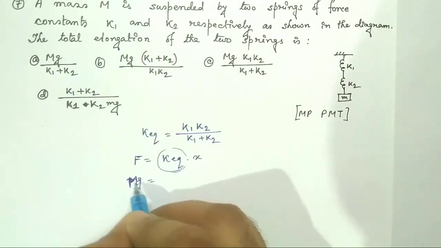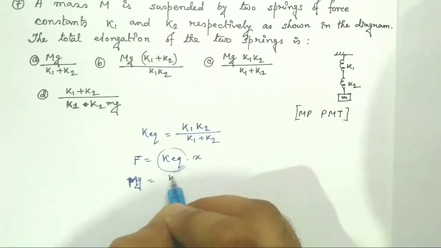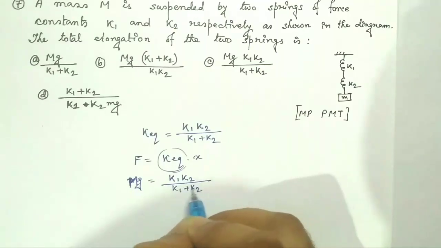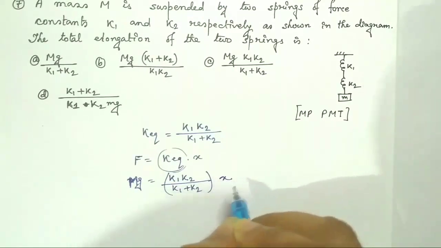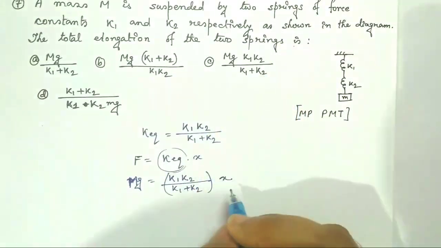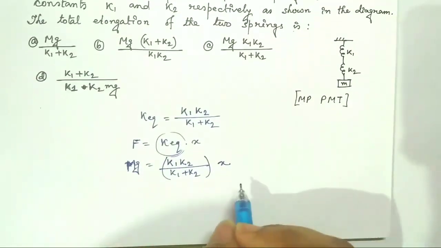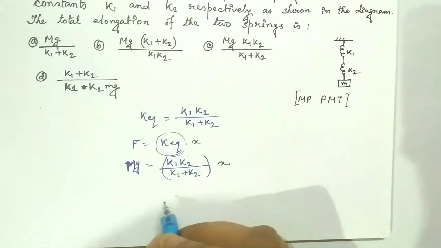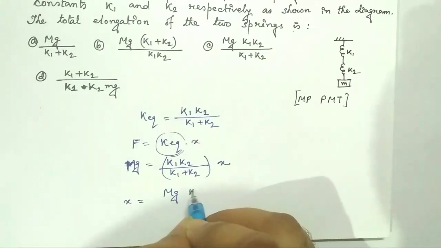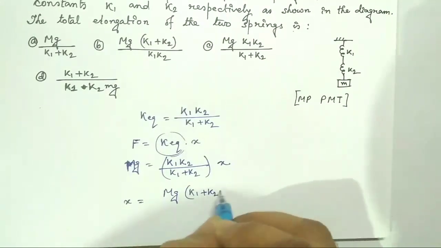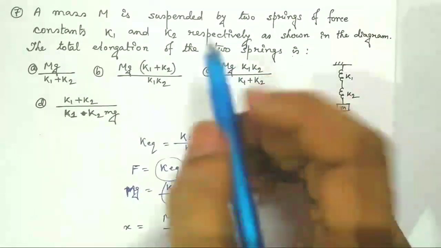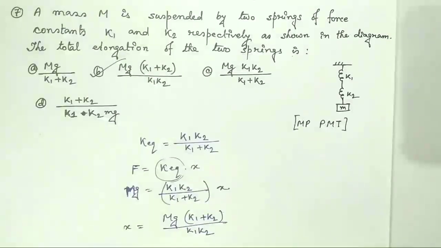Here the mass is capital M, capital Mg, equal to K1 K2 divided by K1 plus K2 whole into X. The question is the total elongation of the two springs. We all know that X is the total elongation. Hence, the value of X is given by X equal to mg into K1 plus K2 divided by K1 K2. Therefore, option B is the correct answer.